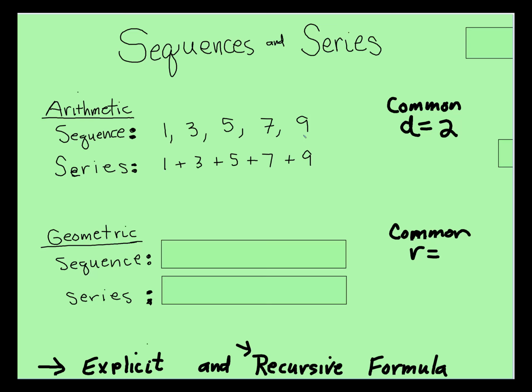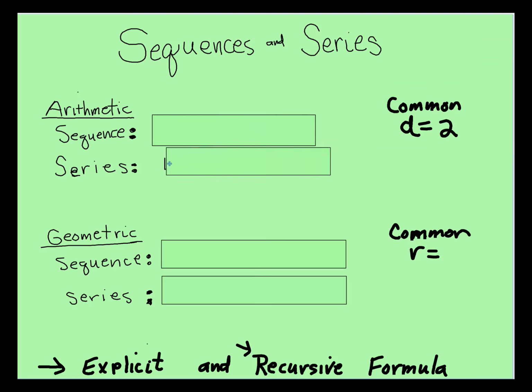All right, geometric. So for geometric sequences, they have a common ratio. And how you find that common ratio, you don't do subtract. Remember, ratio is a number over a number.